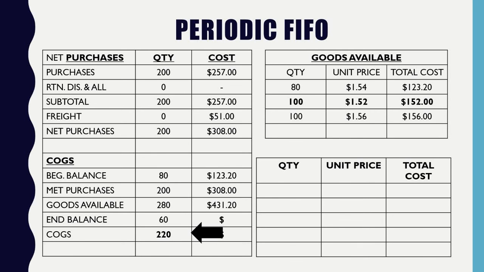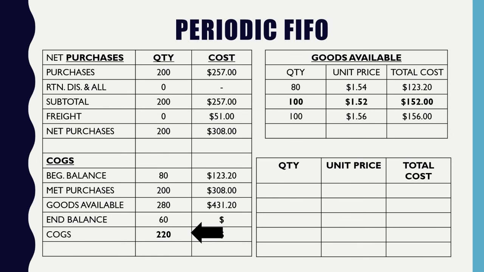Think about the milk situation. This is milk that I carried over from last week, so I'm going to put this one first, and then any batches of milk that I buy after that are going to come after. Okay? So there's the 100 at $1.52 and 100 at $1.56, respectively. So there's my 280 units available that I could sell.